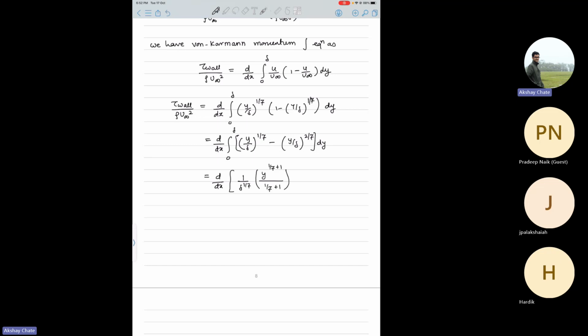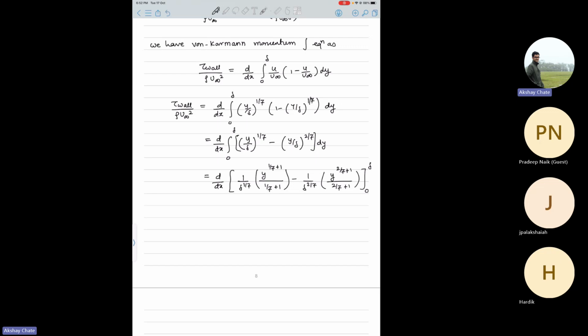Okay, and minus 1 by delta to the power 2/7, this is a constant with respect to y. It becomes y to the 2/7 plus 1 divided by 2/7 plus 1, and the integration limits are between 0 to delta.